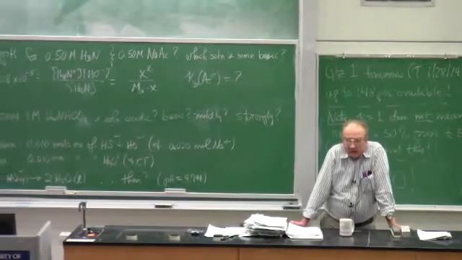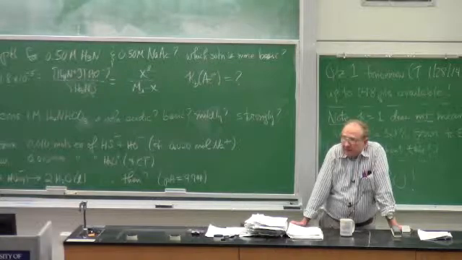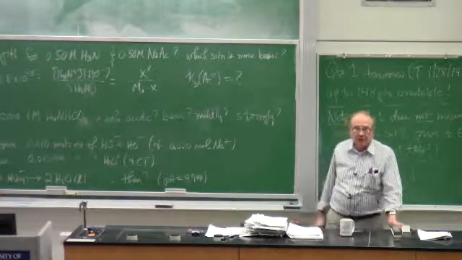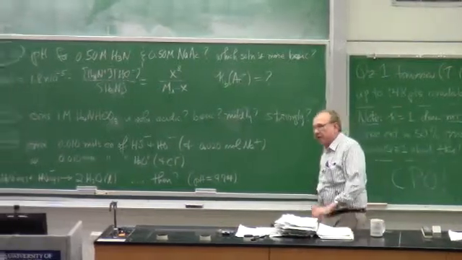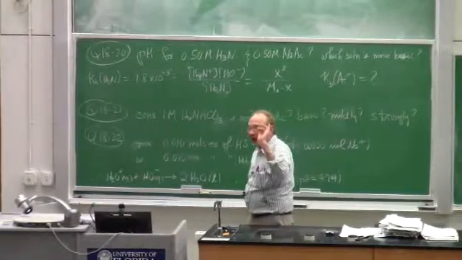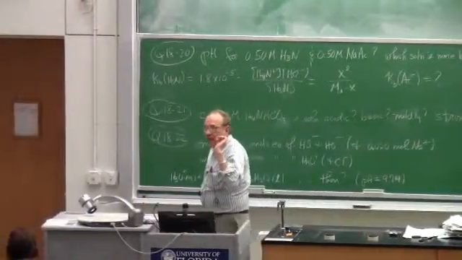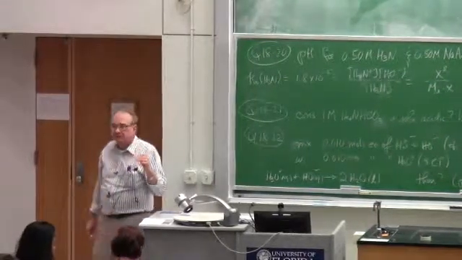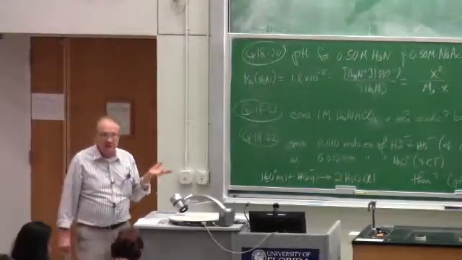The acid-base table tells you that, which of course is confirmed by the Kb values for the respective bases. 1.8 times 10 to the minus 5 for ammonia, which you get from Kw divided by Ka for the conjugate acid of ammonia, which is ammonium ion. And Ka of ammonium ion is 5.6 times 10 to the minus 10.